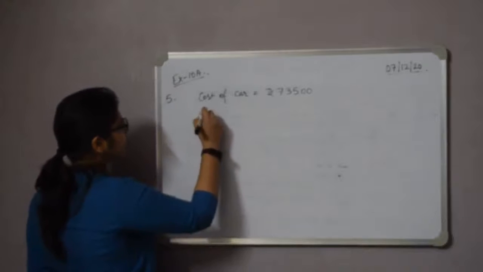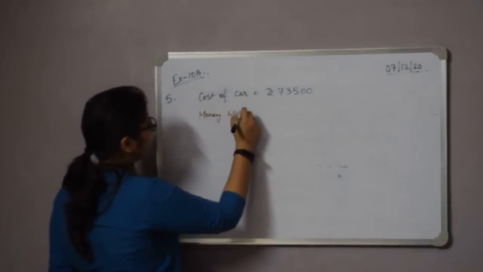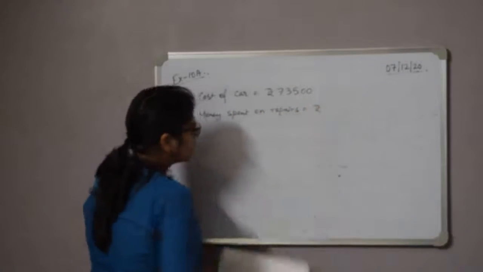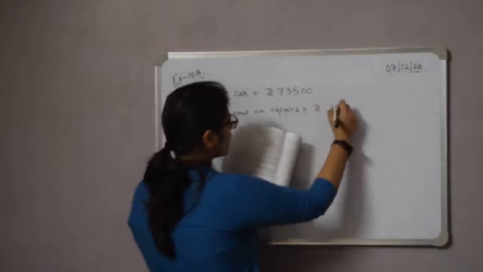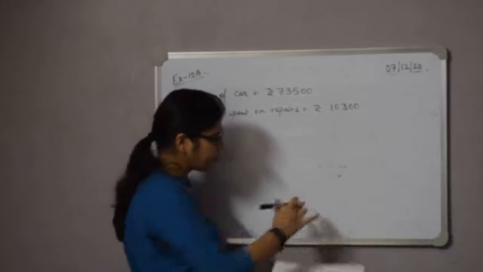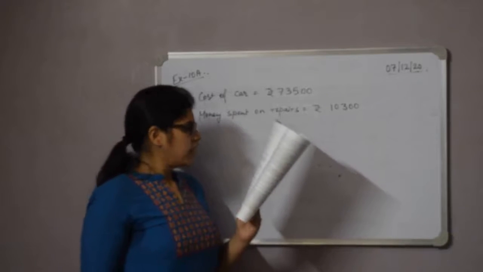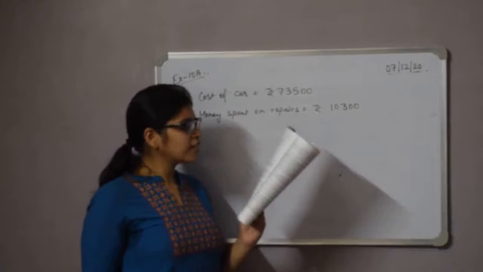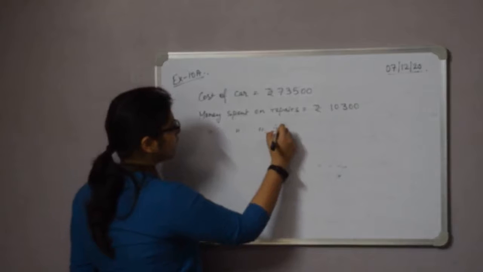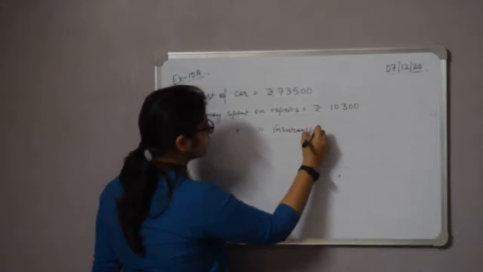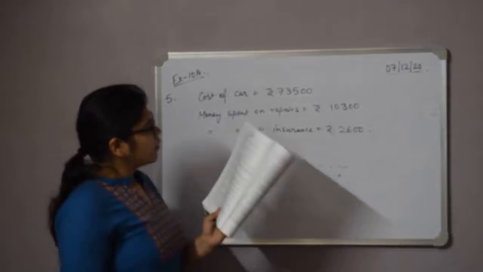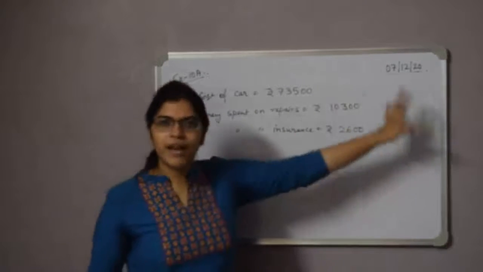So money spent on repairs is 10,300. And he paid rupees 2,600 for its insurance. So now we can write money spent on insurance, rupees 2,600. So this much amount he has already spent on the car.